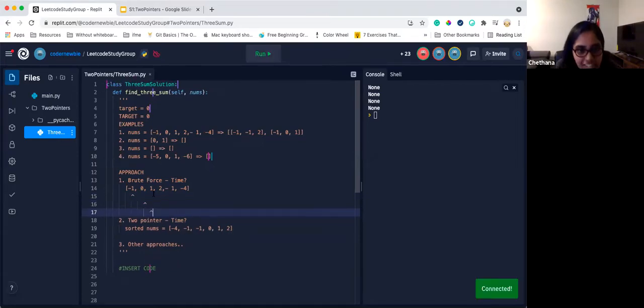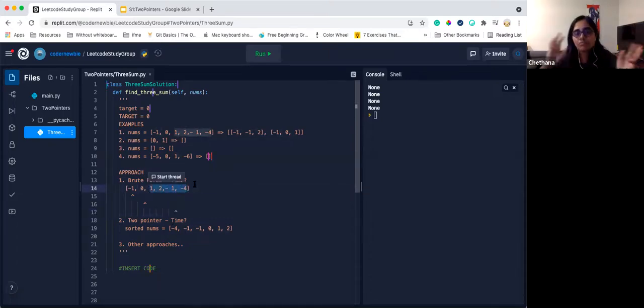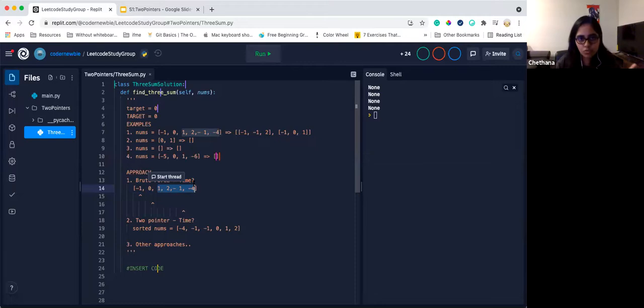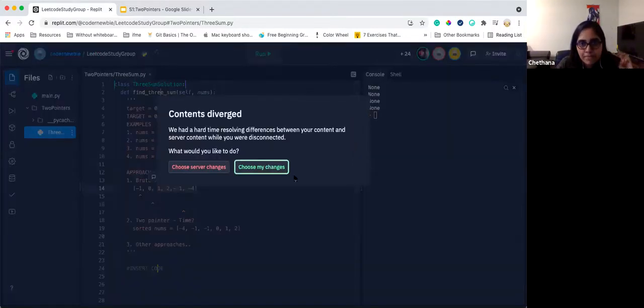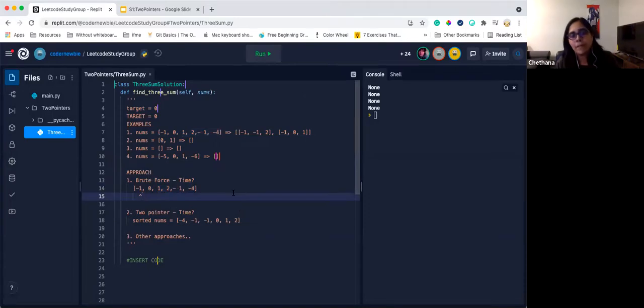For every iteration here, this one would move all over. It would take all of the rest of the array, and loop through all of it.